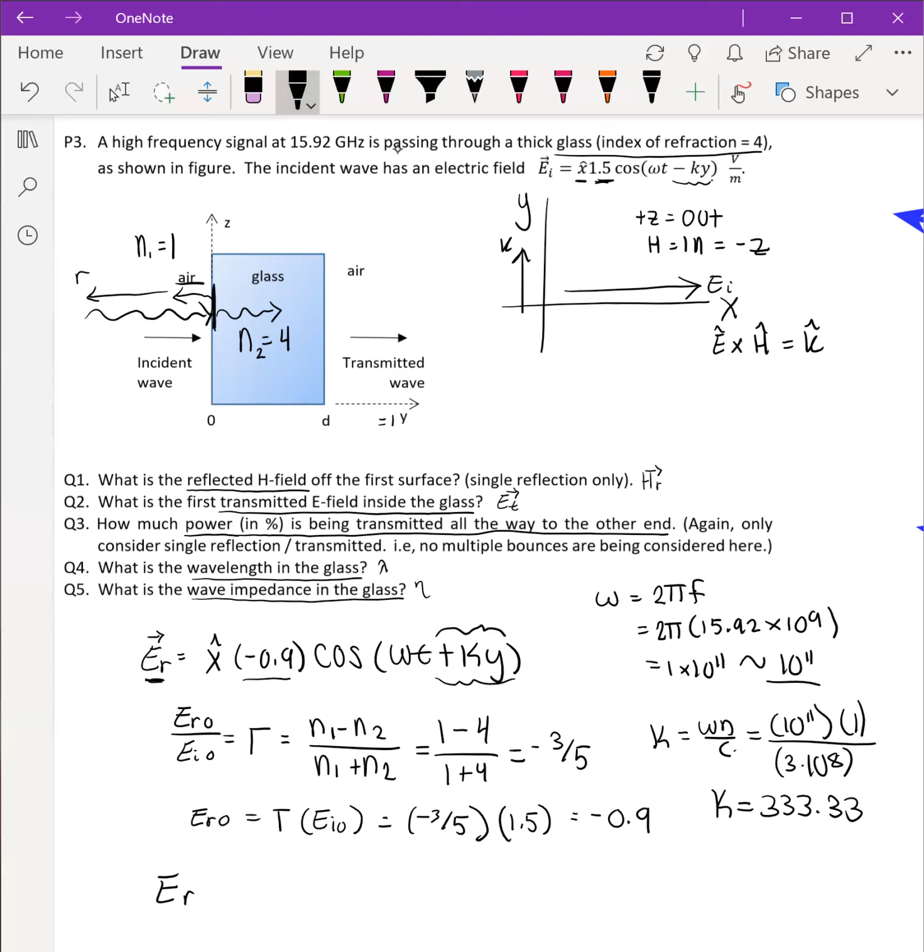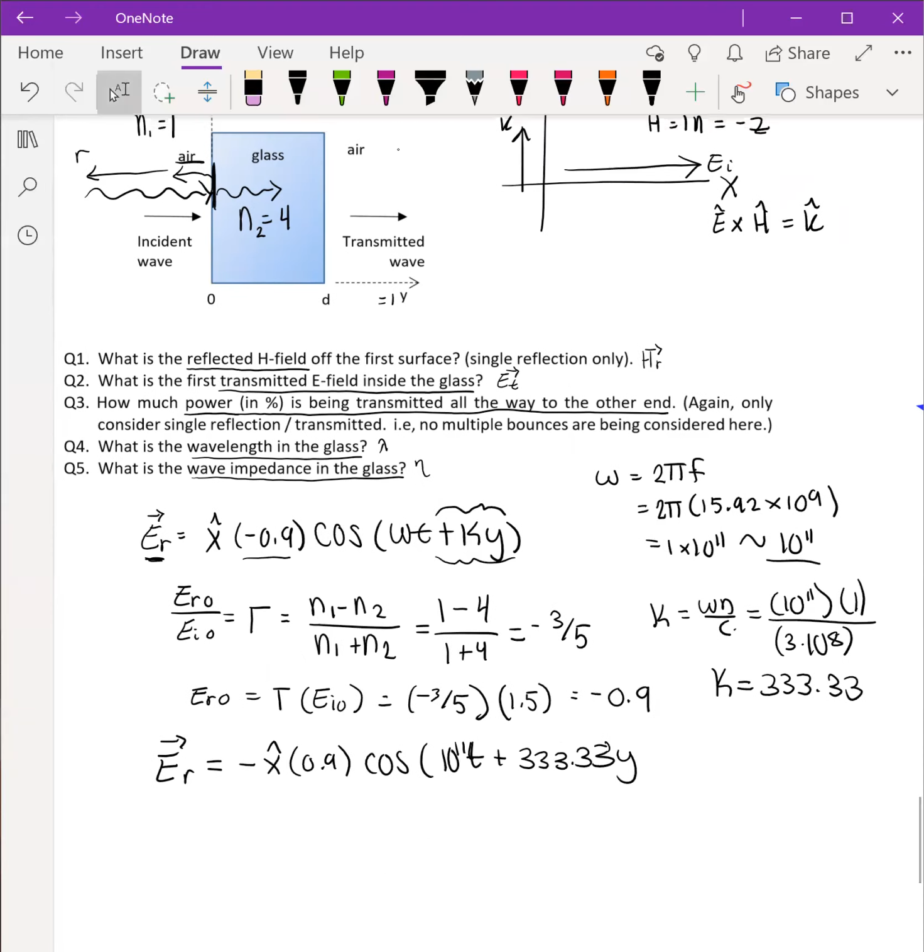So if we plug in these values, for the reflective E field, we get minus x hat, 0.9 magnitude, cosine of omega, which is 10 to the 11 t, plus k, which is our 333.33 y. And since we're looking at an E field, we know the units are volts per meter.